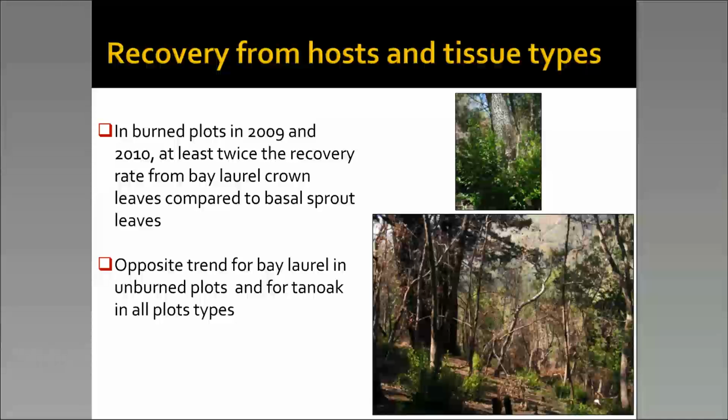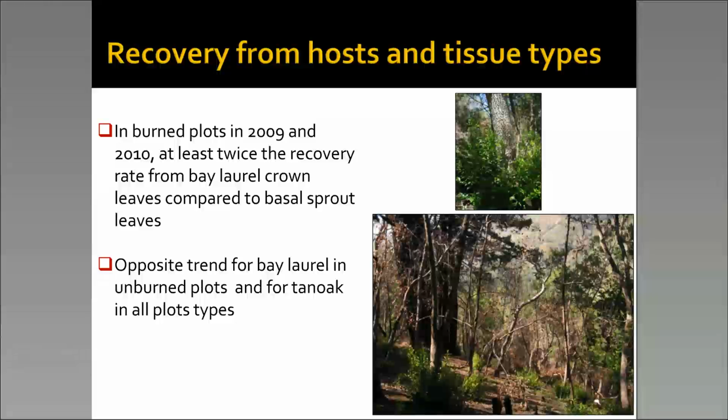So on to my third research objective, which was trying to determine where exactly the pathogen was able to persist in these burned areas. We compared pathogen recovery in different types of tissue that we sampled.